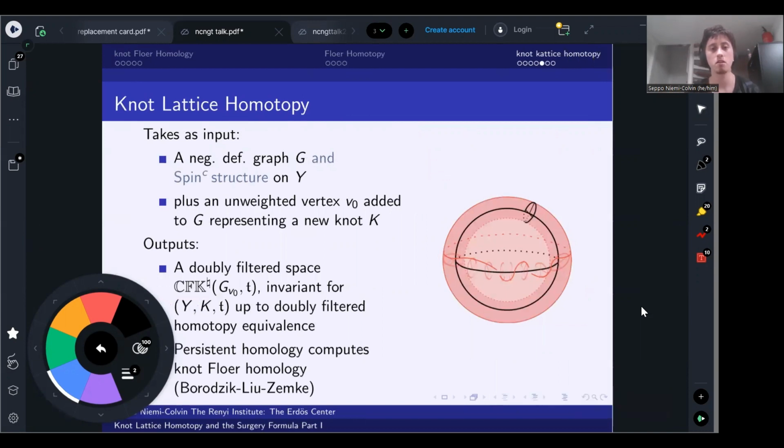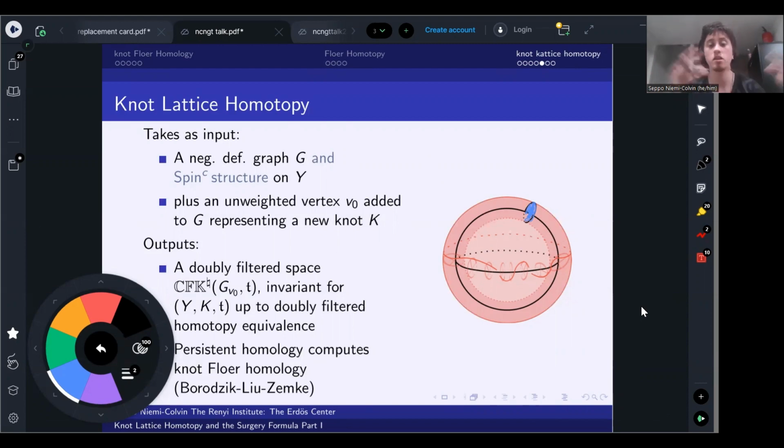Knot lattice homotopy takes as input basically all the information we had before for the three-manifold, plus an unweighted vertex to represent the new knot. In particular, if we just had a single disk bundle over a sphere, we could look at the boundary of the fiber, which will give you a knot in the three-manifold bounding the disk bundle.